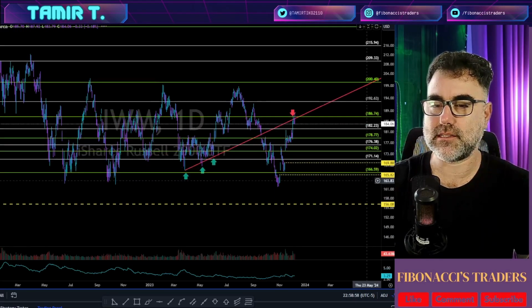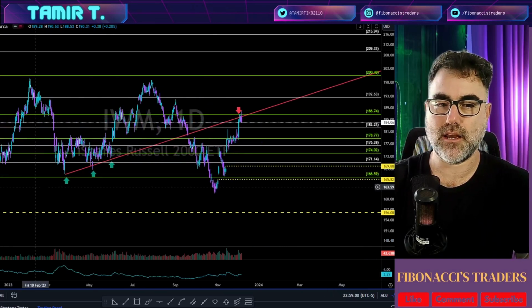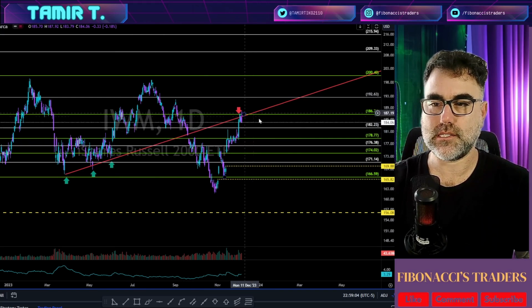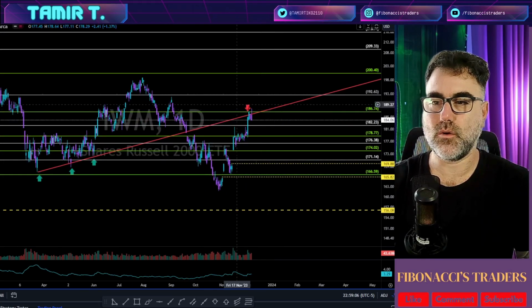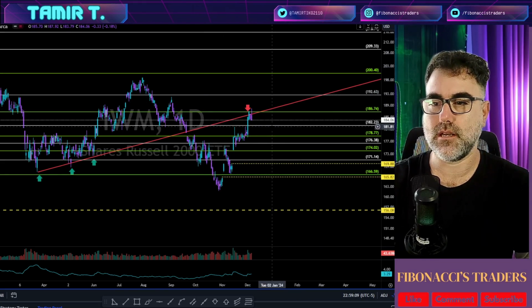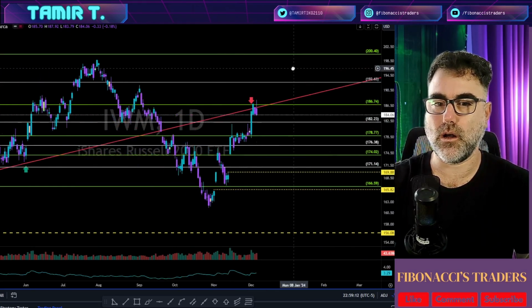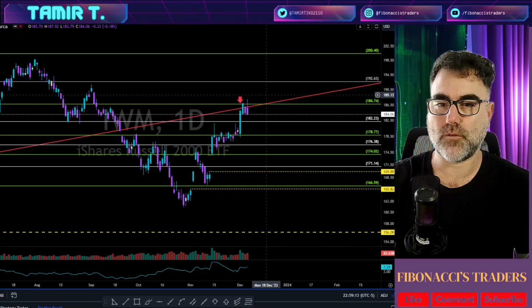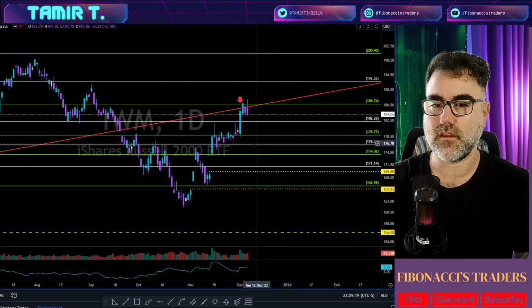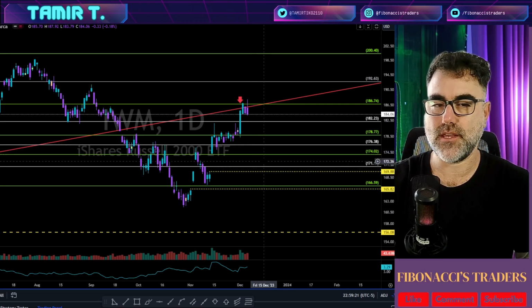IWM, another perfect example. This trend line from support, now resistance. Above it, we will see 193 and then 200. 183 needs to hold. Otherwise, where might price be heading next? No need to guess. You have the 178, 174, and this gap.